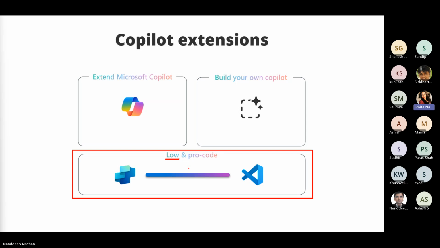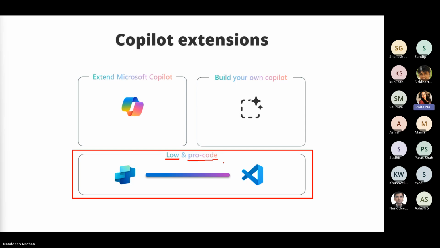Power Automate and Power Apps, for example, allow users to build custom workflows and apps that can integrate with the Copilot. And when it comes to pro code, the pro code options target more advanced developers who may use Visual Studio Code or other development environments to build complex extensions or custom solutions for Copilot.